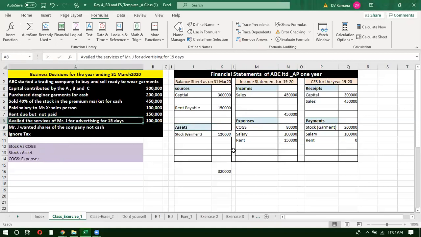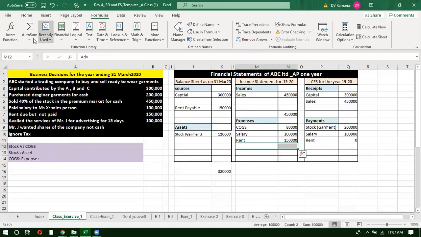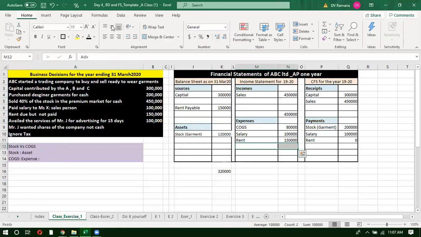The third expense, which is advertisement, we have not paid cash, nor is it payable, but the shares have been issued to the extent of 100,000. So increase in equity.